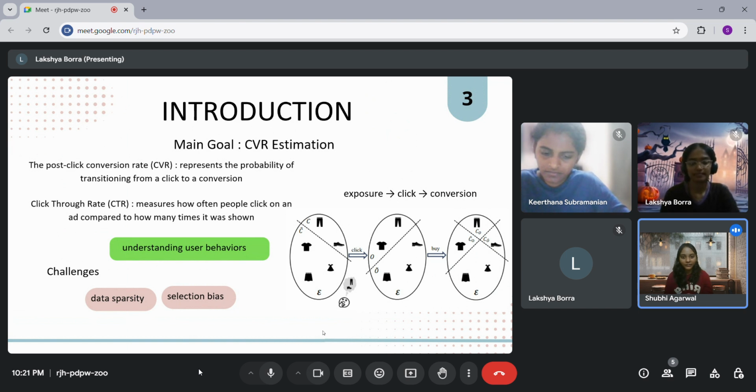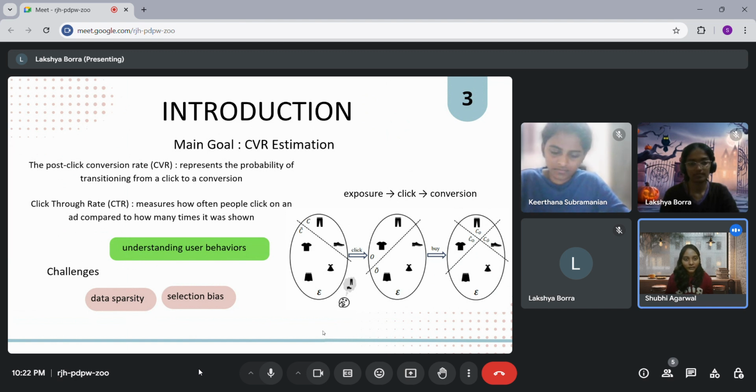So basically every instance has three components: exposure, click and conversion. Going to the main website and viewing these ads is called exposure. Clicking on an ad is called click. But after clicking, maybe buying a product from there or maybe agreeing to whatever that ad says is called conversion.